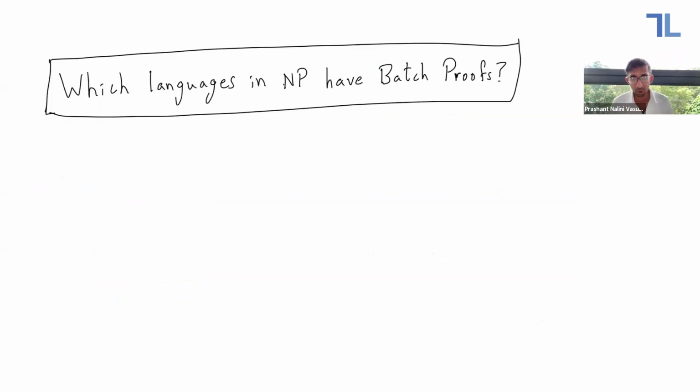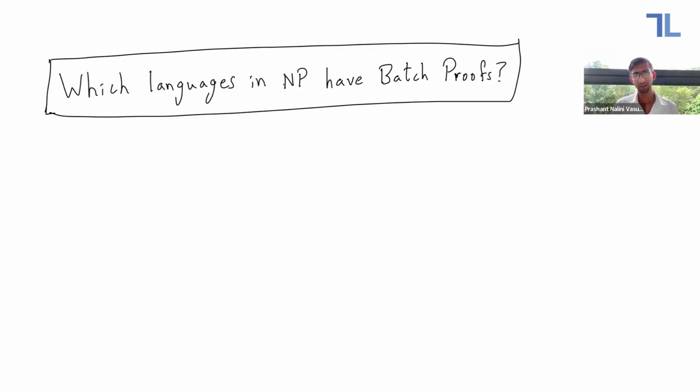So the question I want to ask here, that we started out asking and that motivated everything we did here, is the question of which languages in NP have batch proofs? This is perhaps a purely complexity theoretic question, because I have defined this new kind of proof system, and I'm asking which languages have these proof systems.